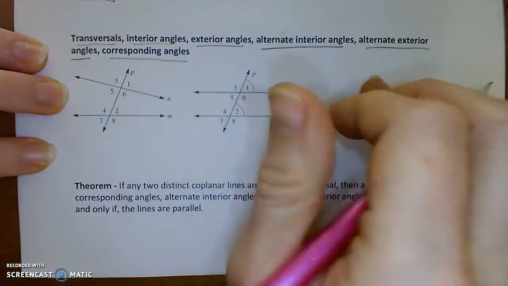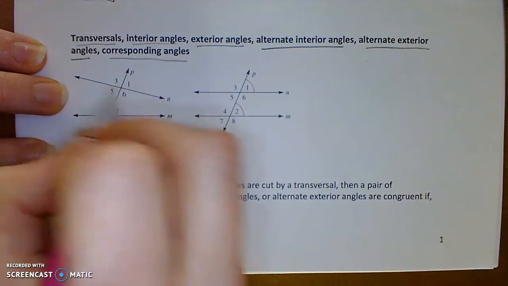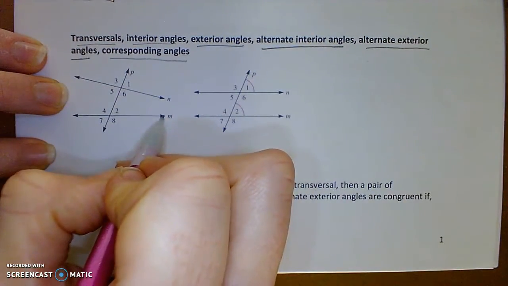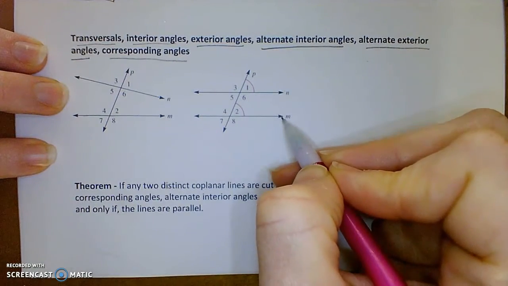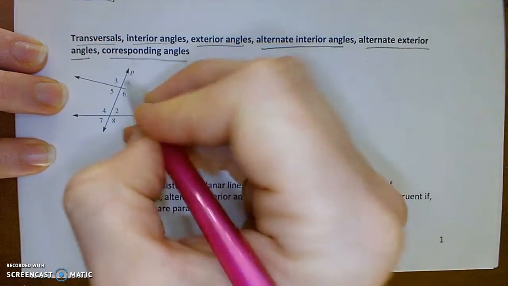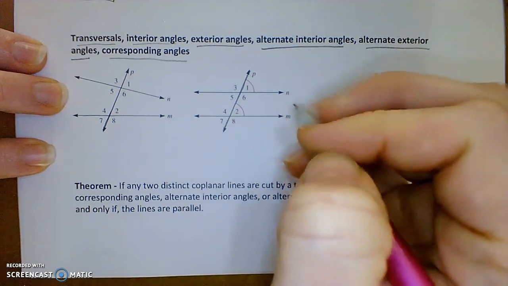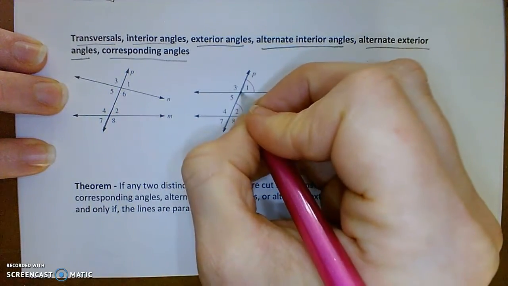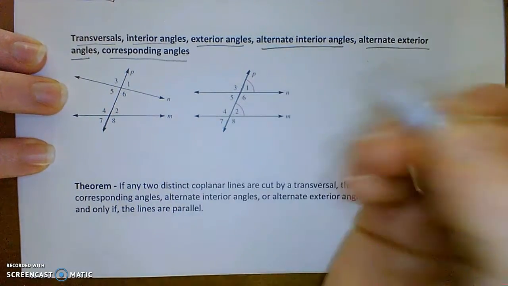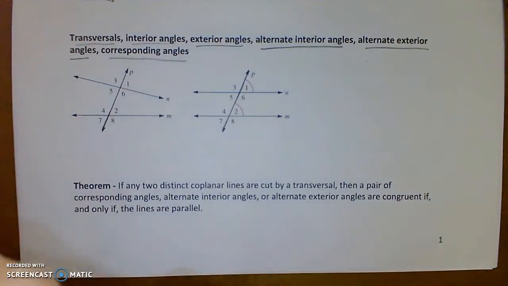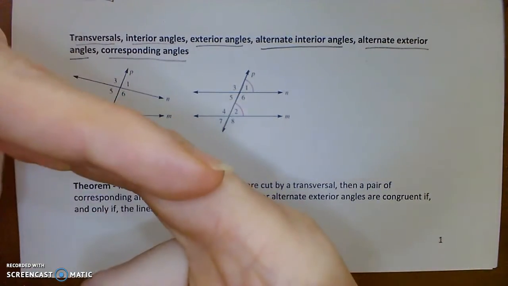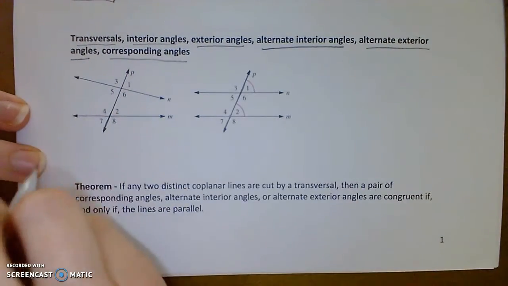So all of these vocab words happen when you have two lines, they could be parallel or not parallel, that are cut by a transversal. It's a line that intersects the two lines in a way other than just one line right on top of the other.